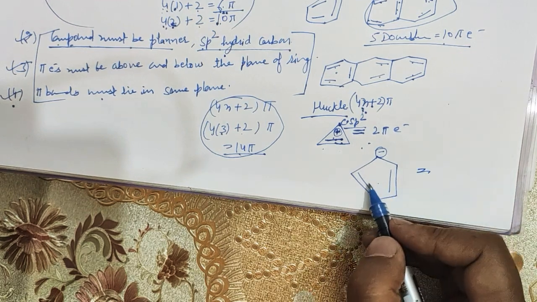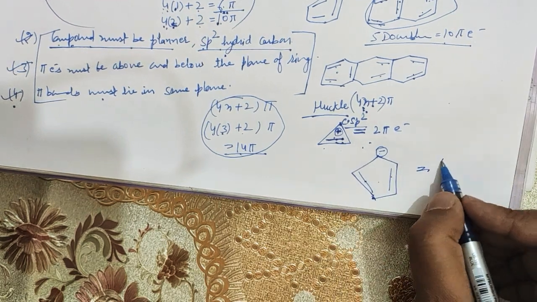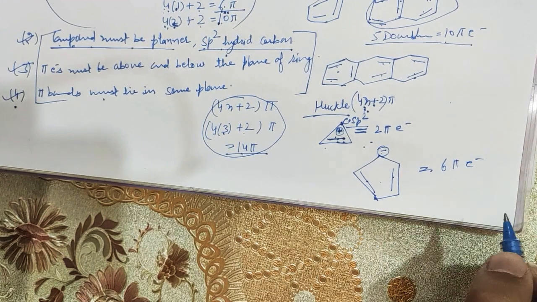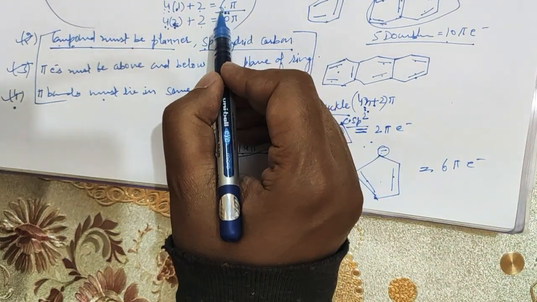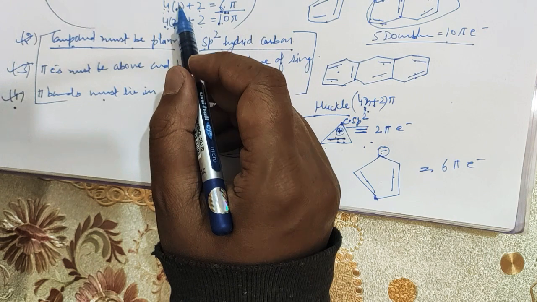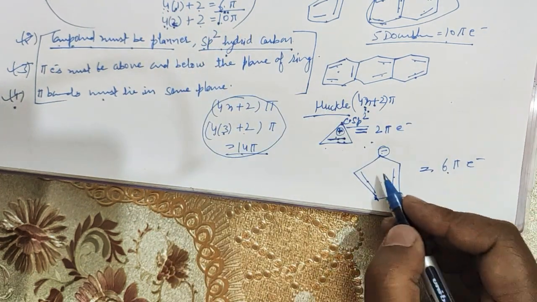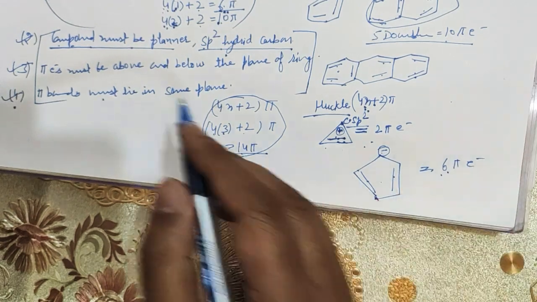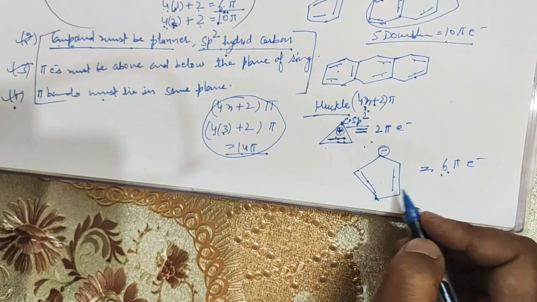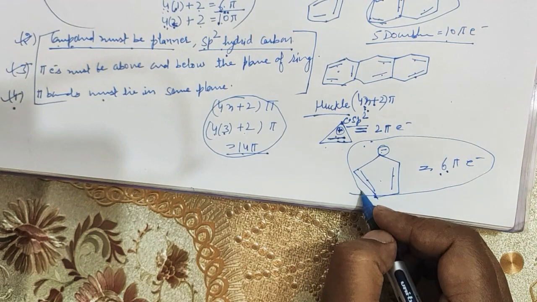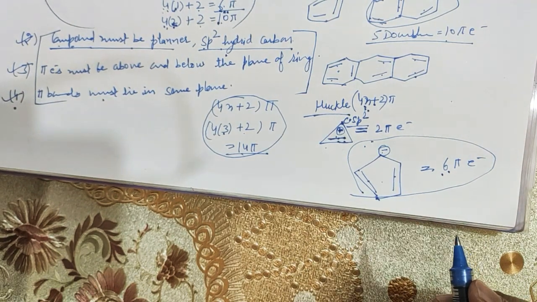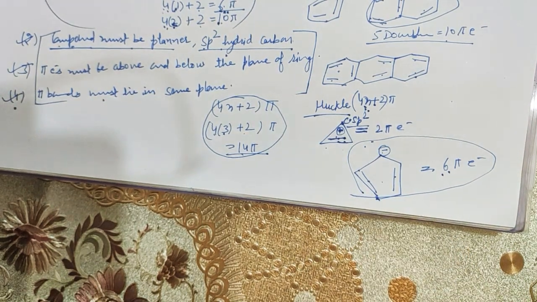Let's count, there are total 2 plus 2 plus 2, there are 6 pi electrons. So it is following Huckel's rule, when you put the value of n equal to 1. So there are 6 pi electrons, plus all the carbons are sp2 hybrid, and the ring is a cyclic planar ring.